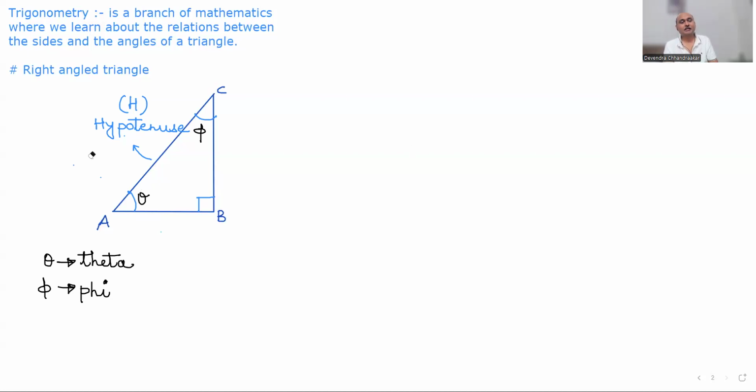AB is the side closest to it. Yes or no? All of you? Yes, sir. So this side is called as base. The side which is closest to the angle is called as base. And of course, the side which is opposite to the angle, in this case, it's side BC. We call the side opposite to angle theta as perpendicular.